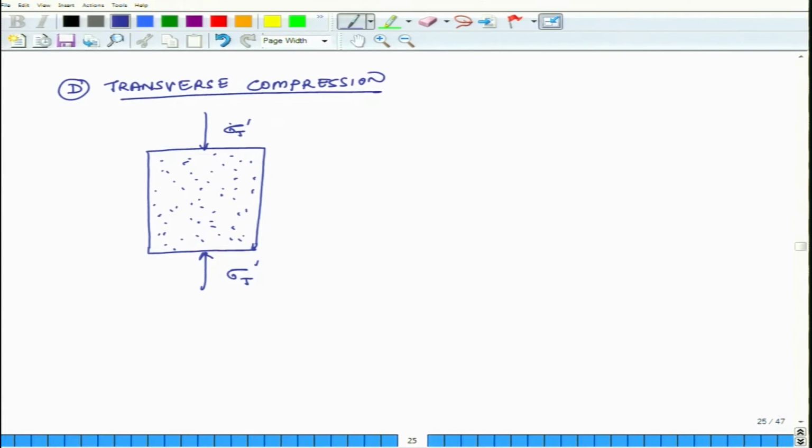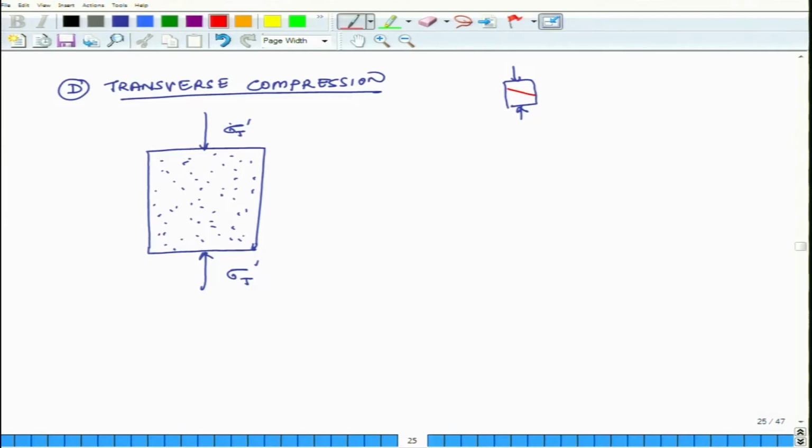Now, typically when we apply a compressive stress to a pure isotropic material, a lot of times what happens when it fails? It fails along a shear plane.